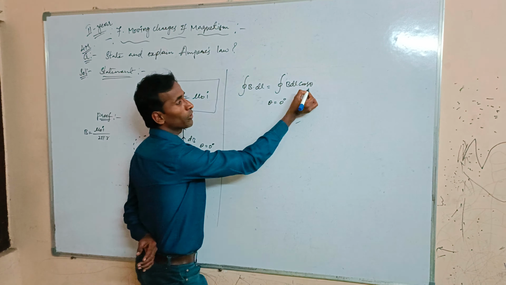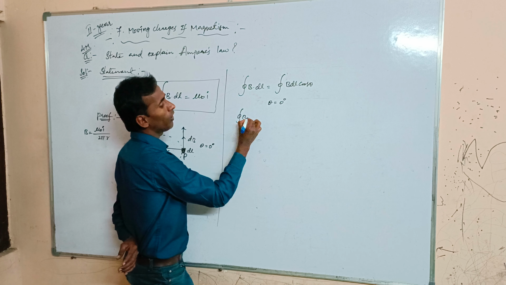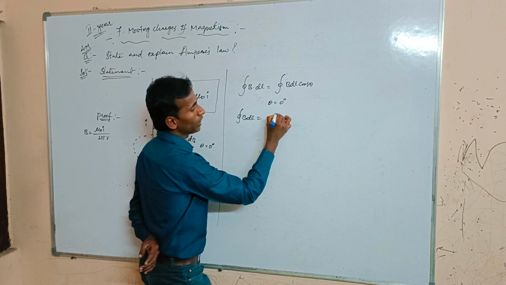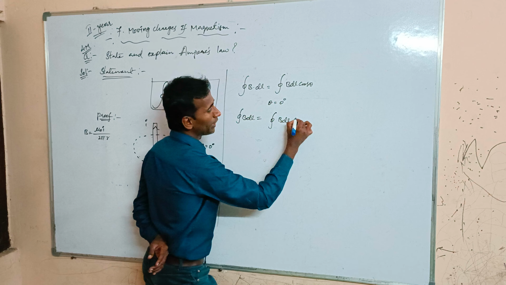Now substitute for cos theta. The line integral of B dl cos 0, and cos 0 value is 1.